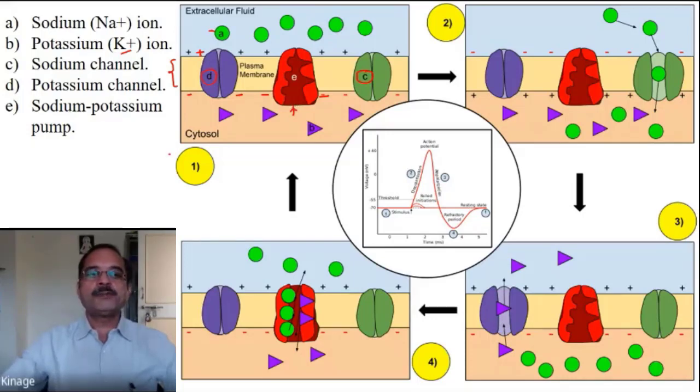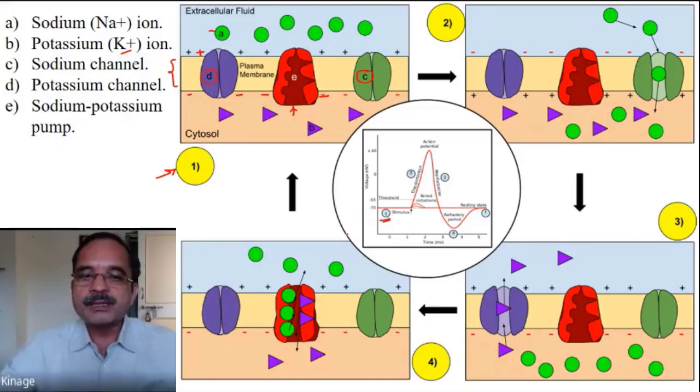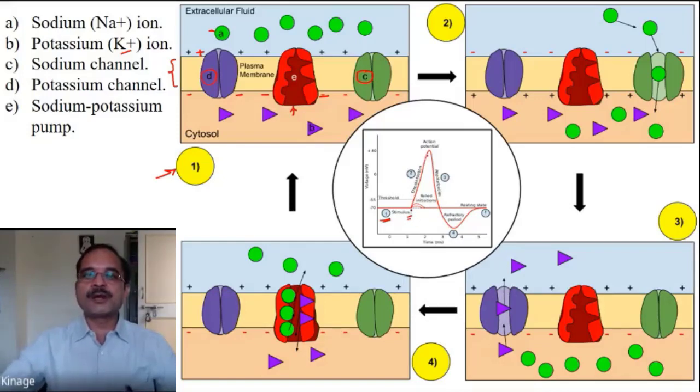The first figure is the resting state, where there is around minus 70 millivolt. Now the trigger happens somewhere here, the cell is stimulated or excited, and it starts depolarizing.